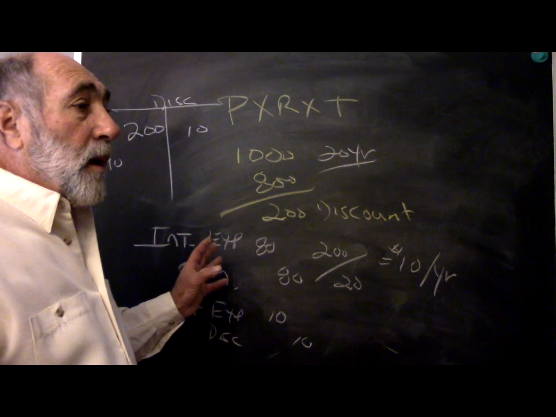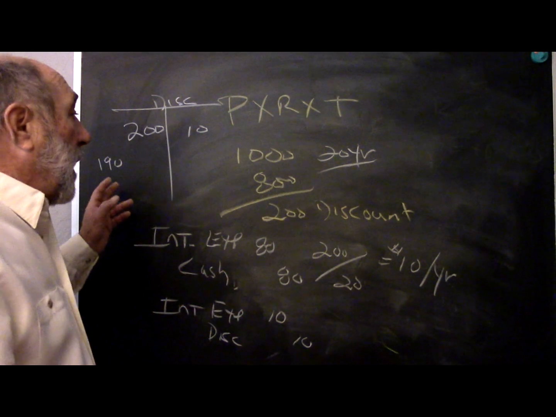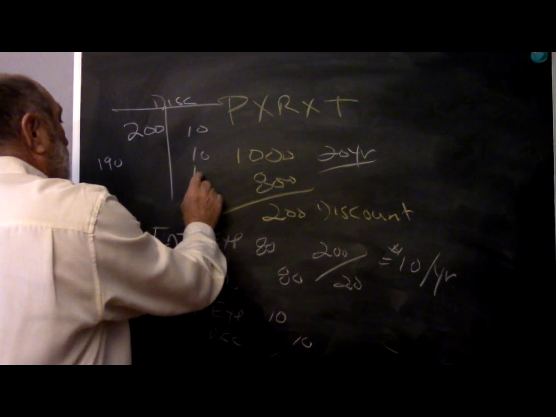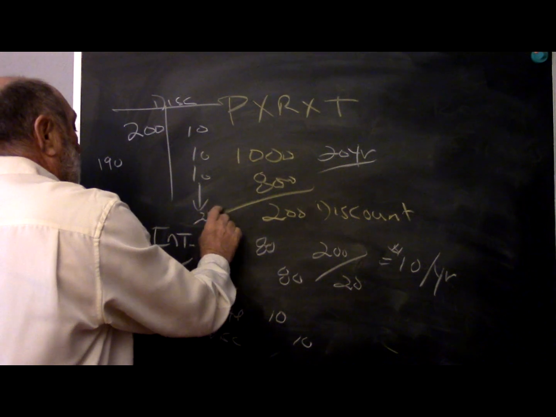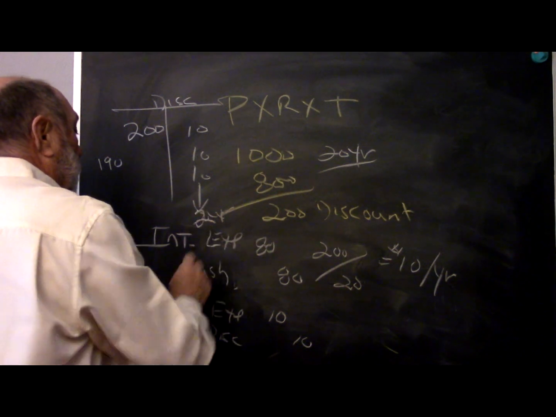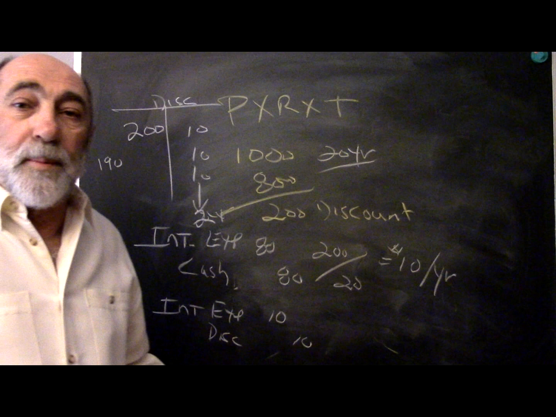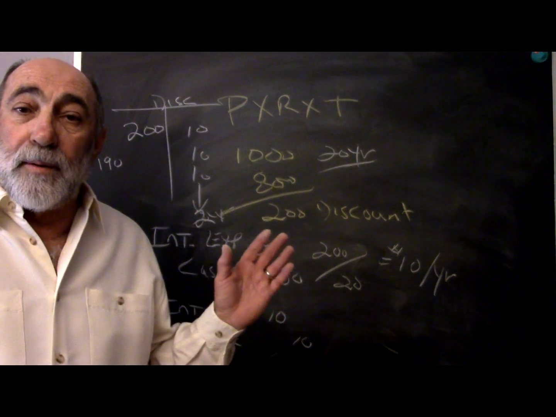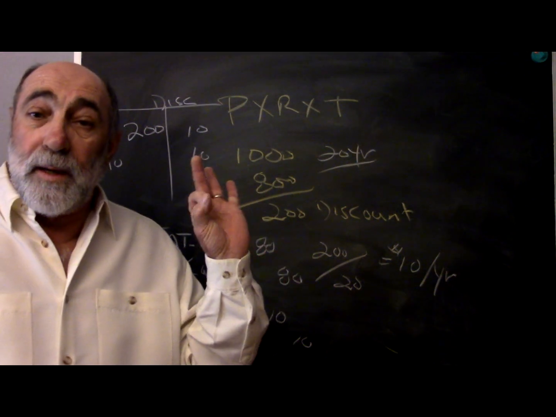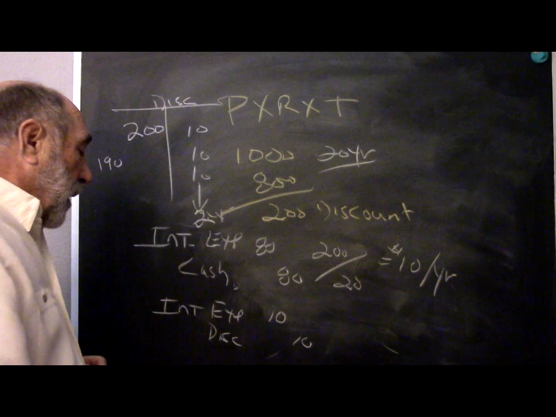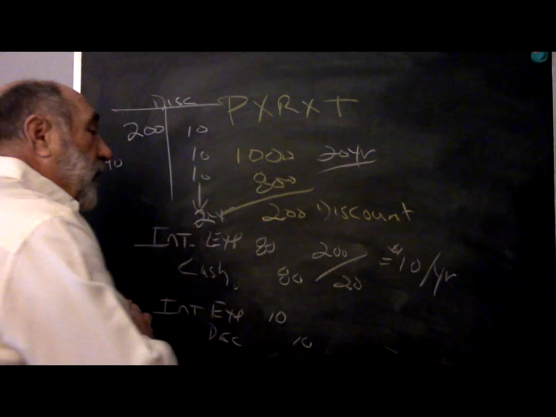So I'm going to continue to do that every year for 20 years, and at the end of 20 years, what I'm going to find out is that the amount of my discount is 0, and that's what I want it to be. I've successfully amortized that.